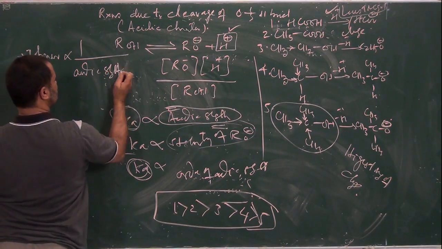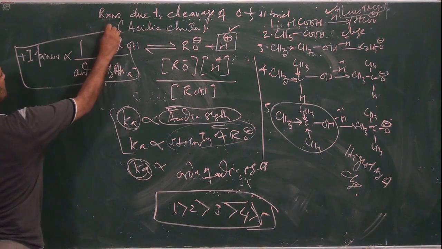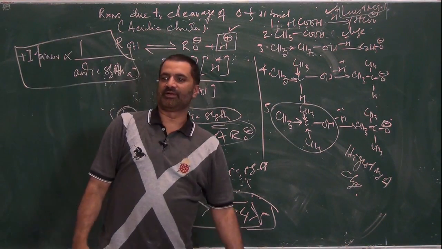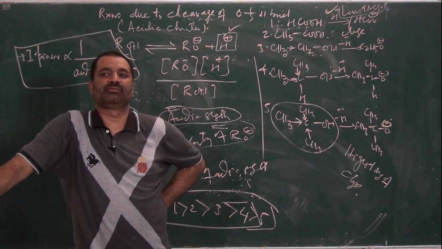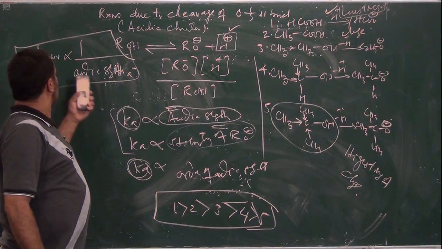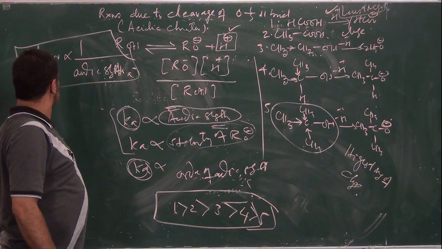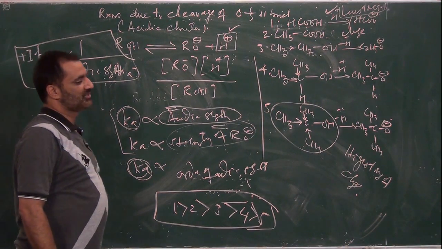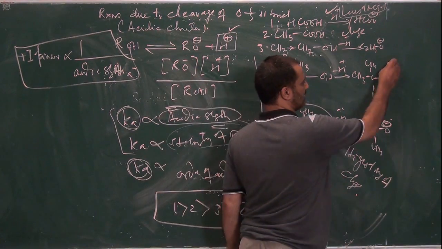The plus I effect has a very important effect on acidic strength. The higher the value of Ka, the higher the acidic strength. The more plus I groups there are, the lesser the acidic strength. So this is very, very important.